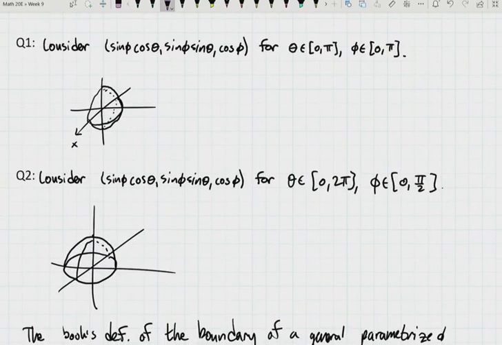In question 1, phi and theta live in R2, and they go from 0 to pi, and 0 to pi. So where do these boundaries go to? How about this boundary, the one where phi is 0, theta goes from 0 to pi. If phi is 0, what shape is that?